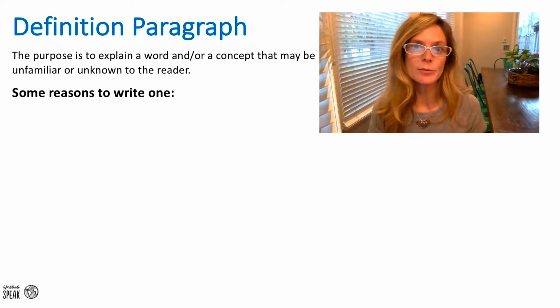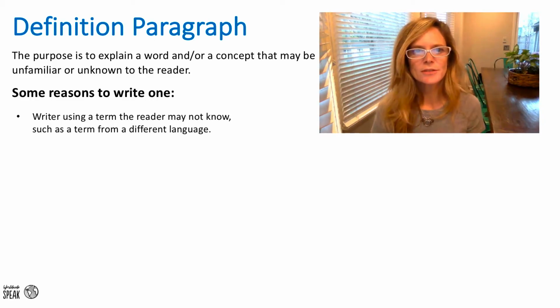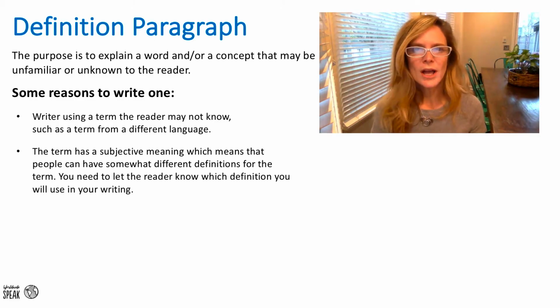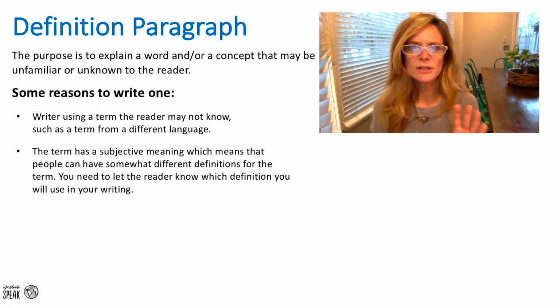So I wanted to list some of the reasons why we write one of these. So one reason is that when you're writing your paper, you would use this maybe because you think the reader doesn't know this term because it could be from a different language and you need to explain it to them. Or that this term has a subjective meaning, which means that people can have somewhat different definitions for the same term.